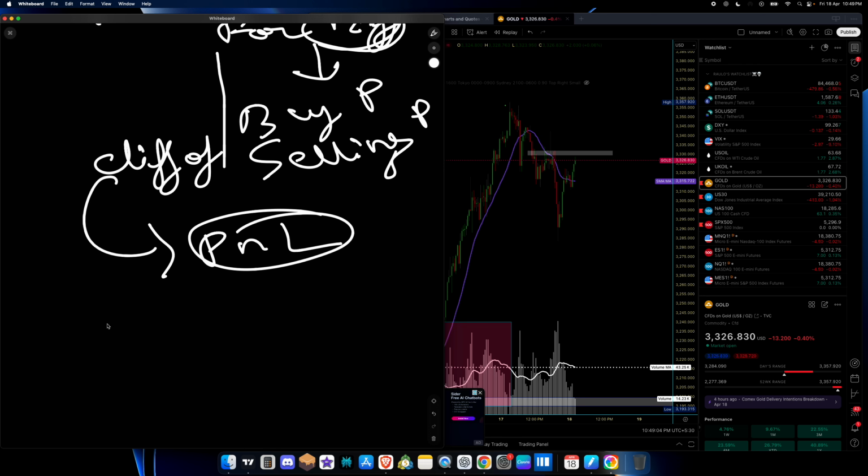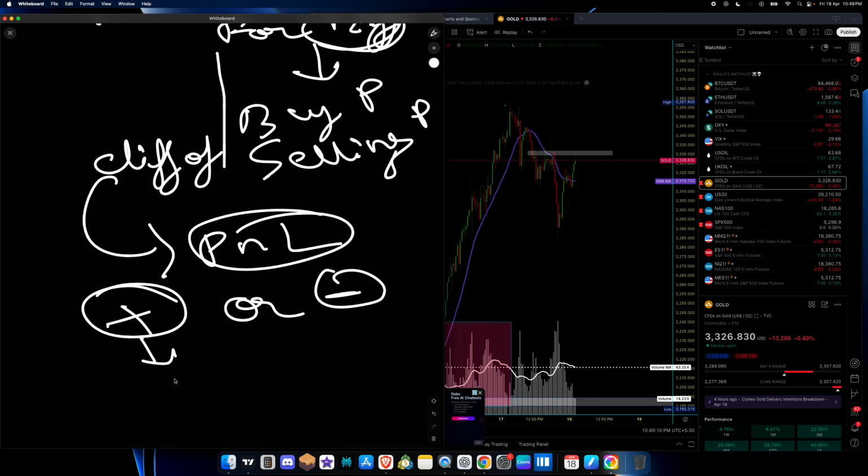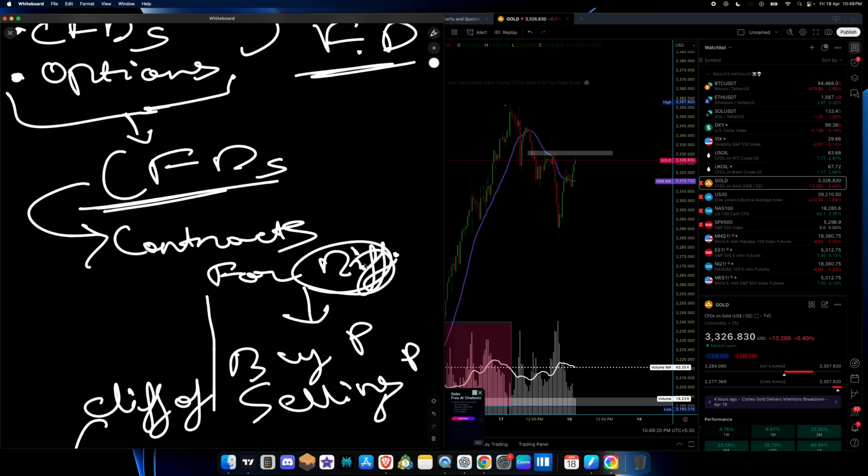Simple. The difference can be positive or negative. If it's positive, you are in green, and if it's negative, you are in red. As simple as that.